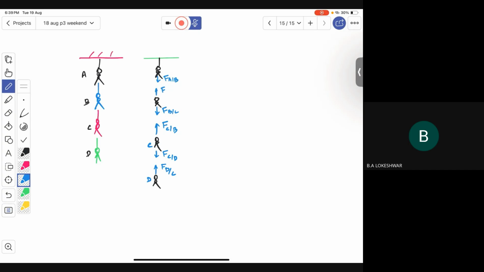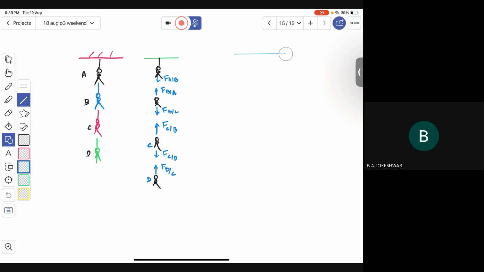Force on B by A will be upward. I hope you can imagine how the force is going to act between each of them. Maybe they are monkeys holding on to the tails of each other, and the first monkey is holding on to some branch of a tree. So I hope you can imagine how the force will be applied by each and every monkey on the monkey next to them.